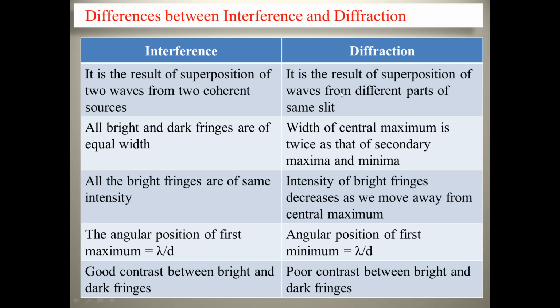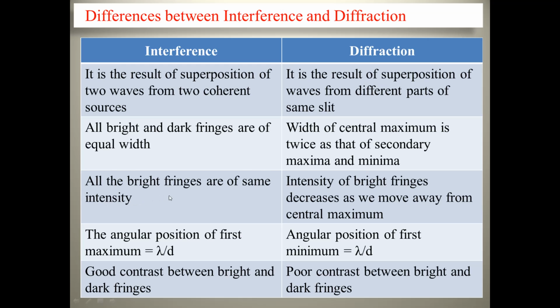But diffraction is a result of superposition of a large number of secondary waves from different parts of the same slit. In interference, all bright and dark fringes are of equal width. But in diffraction, the width of the central maximum is twice that of the secondary maxima and minima.